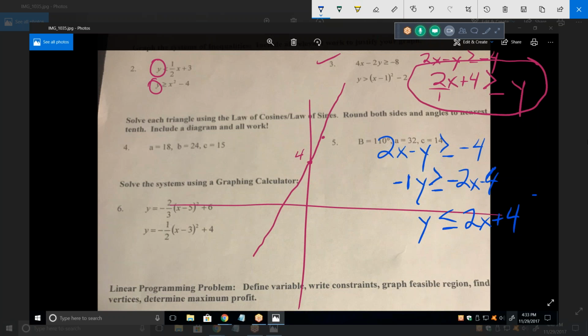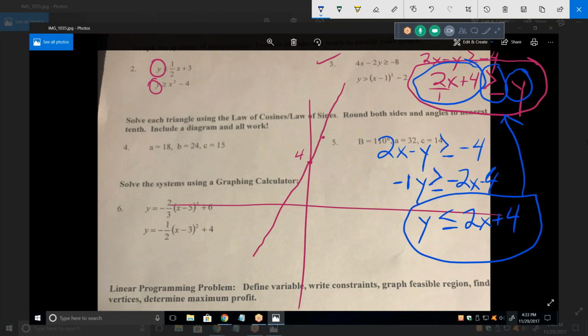Now, notice that actually is the same as that. Y is less than this line. Over here, if I start with the Y, I'll say Y is less than that line. I just have to look at it from right to left instead of left to right.